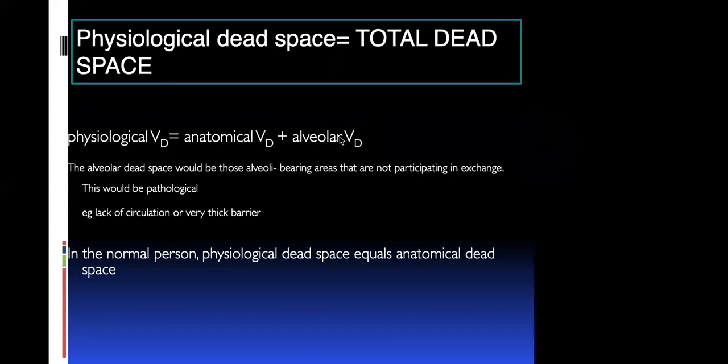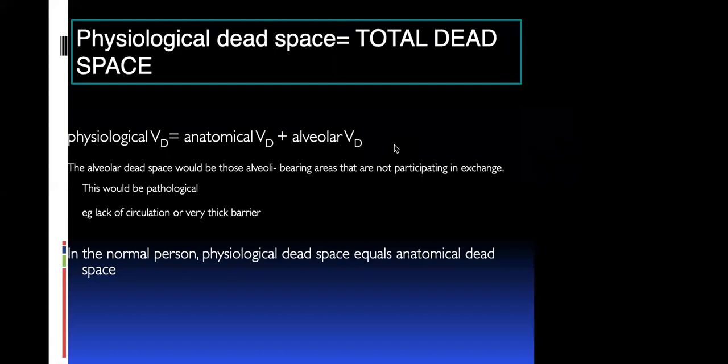In health, alveolar dead space is 0, so the physiological dead space and anatomical dead space are equal. Although they are defined differently, total dead space or physiological dead space is anatomical plus alveolar dead space, but alveolar dead space generally is close to 0.